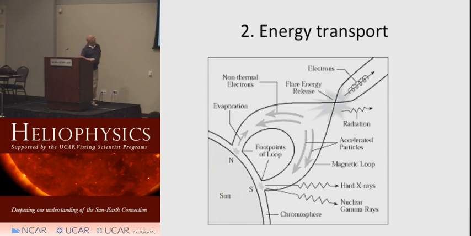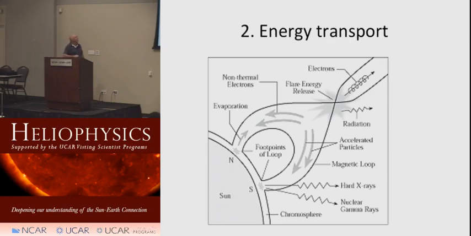Now, regardless of which of these mechanisms we focus on, essentially the only thing that's going to carry that energy down is electrons, because they are the more mobile particles we have in our plasma.